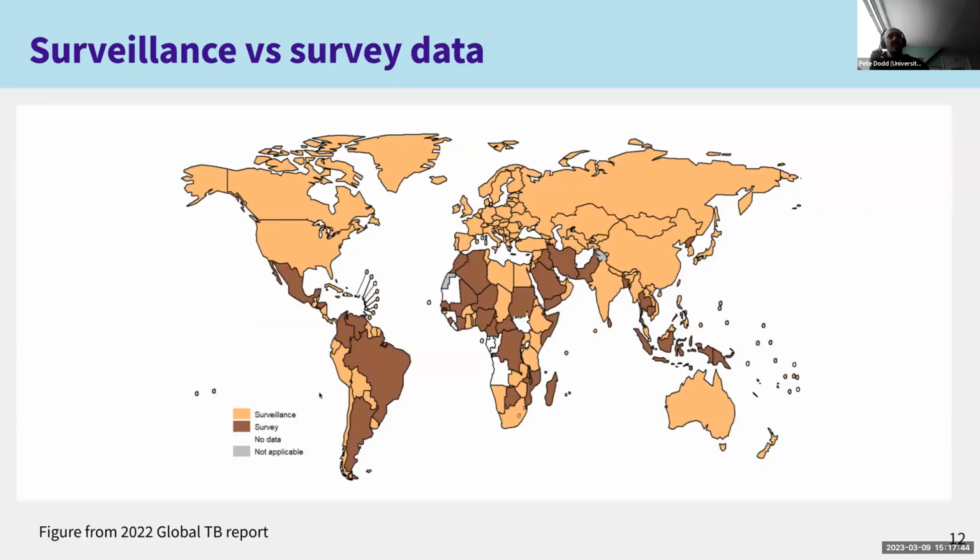The other thing that's important to understand about the data used in this process is that they come in two major types. In countries that have well-established, high-functioning surveillance systems, the data from those are used. That's where you're more likely to see a time series, and they're admissible for use if the coverage of the relevant drug resistance testing among patients exceeds a particular threshold, which I don't remember, but I think it's something like 75%.